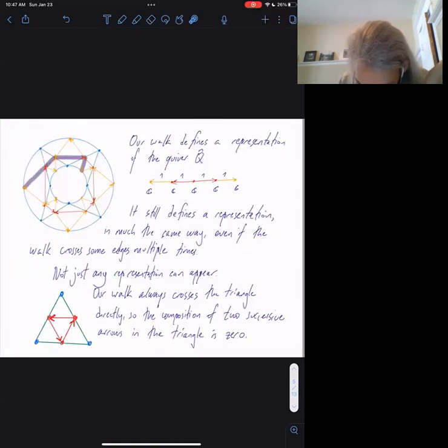So this walk defines a representation of the quiver Q hat. This graph, I'm now going to start calling a quiver because I'm going to do representation theory.